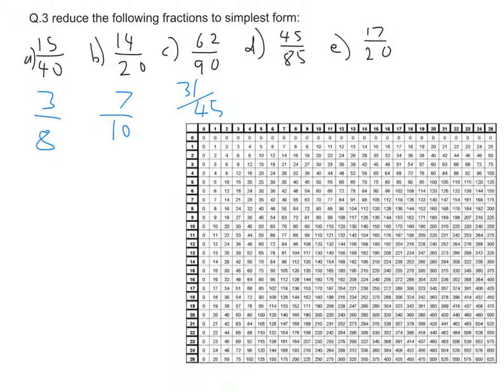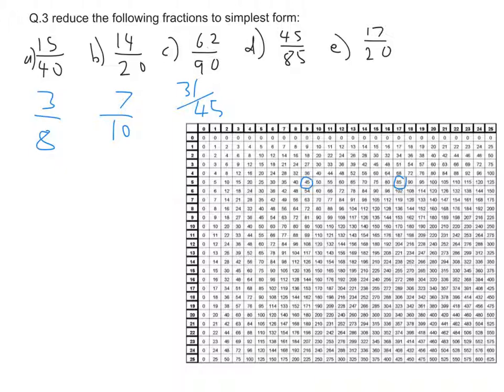Next question, 45 over 85. So we're looking for, again, one number in the same row or the same column. I can see that there is a number 45 over here and a number 85 over there.